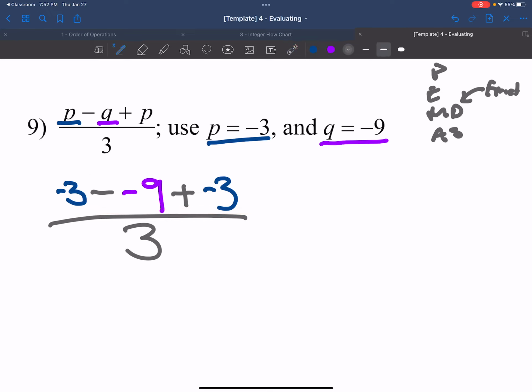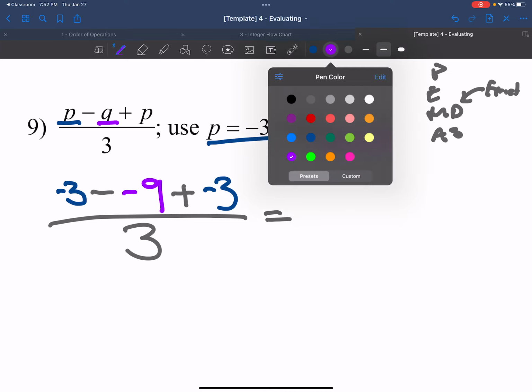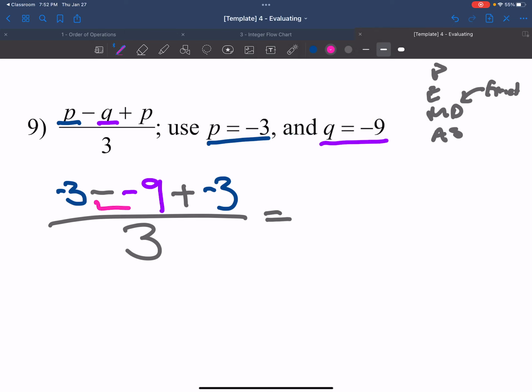So let's go from left to right and fix anything that needs to get fixed. We have 2 negative signs next to each other. So let's fix that. So we have negative 3 plus 9. And then we have a positive and negative next to each other. So that changes to a negative 3. And all of that is still over 3.